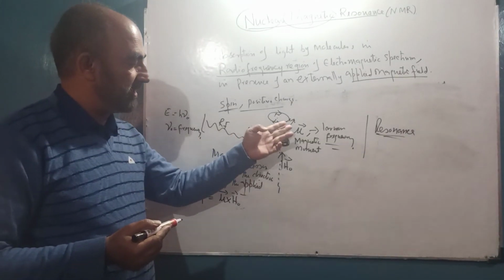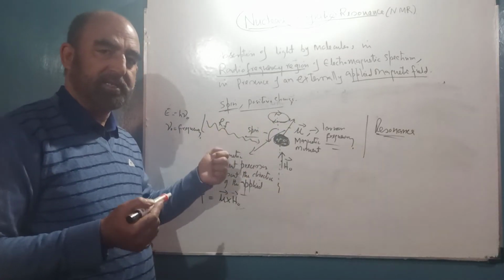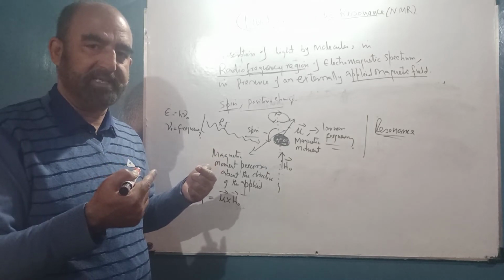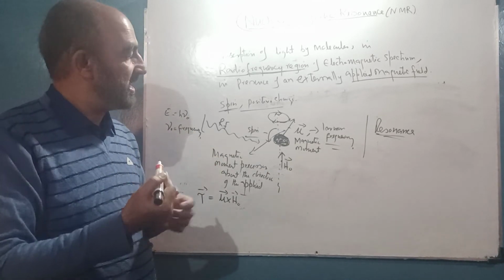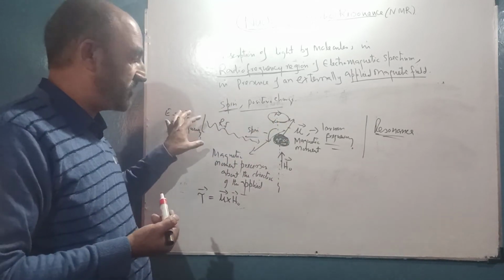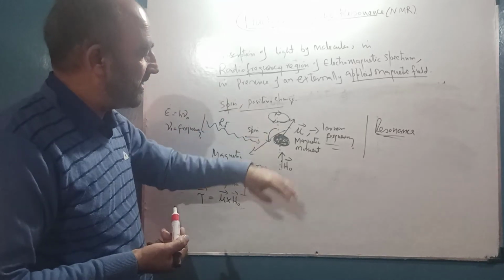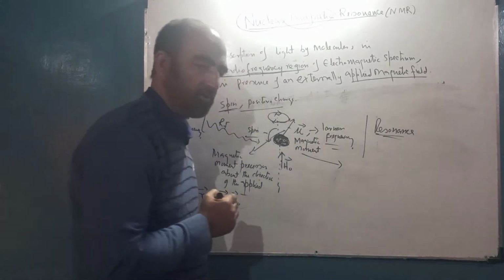The precessing magnetic moment and the radio frequency come into resonance because of having the same frequency, and energy exchange will take place. The spinning proton will absorb this radio frequency, and then it will go to a higher state of energy.